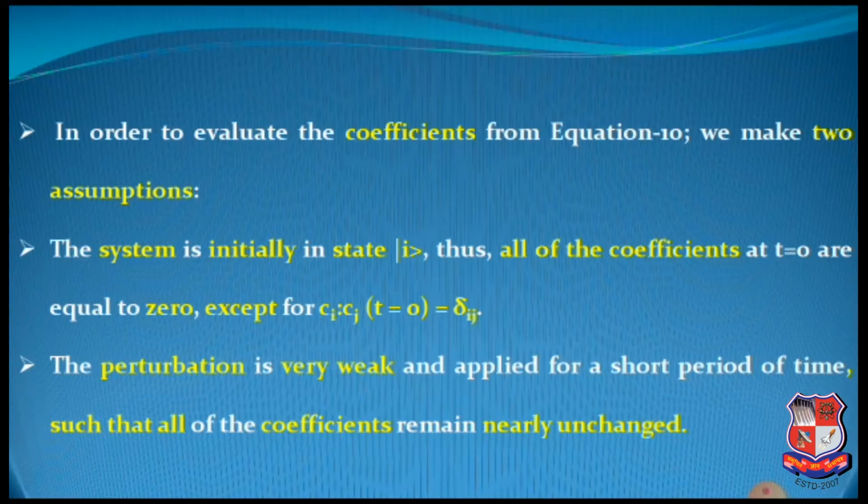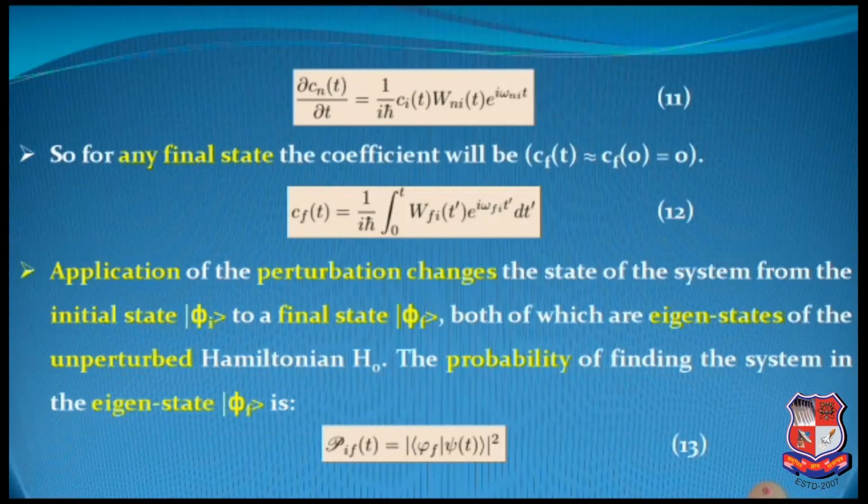So at first we are assuming that at t equal to 0 all the coefficients are 0, and in the second assumption we are assuming that due to weak perturbation there is no change in the matrix coefficient. So we will have this type of equation by applying these two assumptions, ∂c_n(t)/∂t is equal to 1 upon iħ c_i(t), that means in the initial state, W_ni(t).